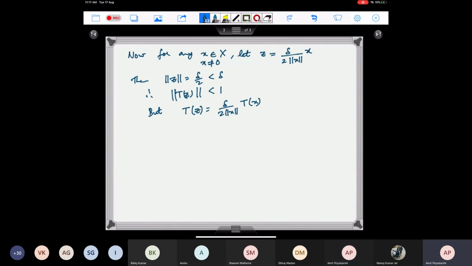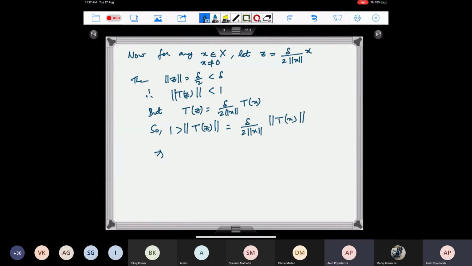So the norm of Tz, this we know is less than 1, and this is equal to delta by 2 norm x times norm Tx.